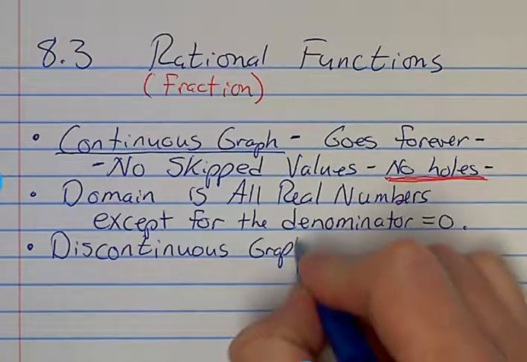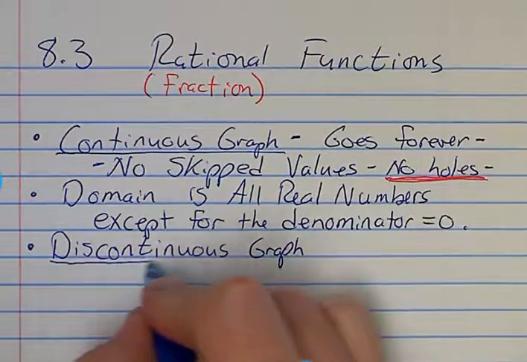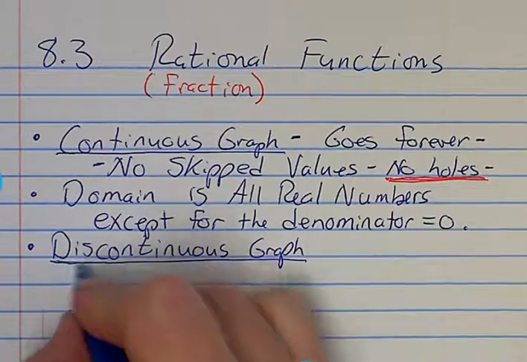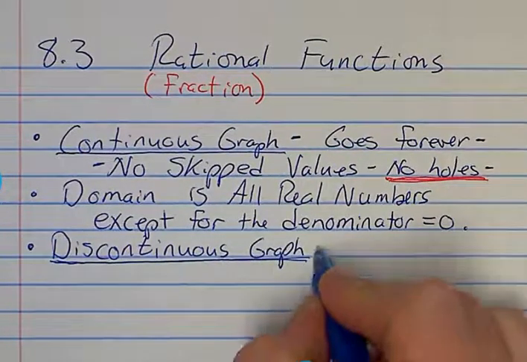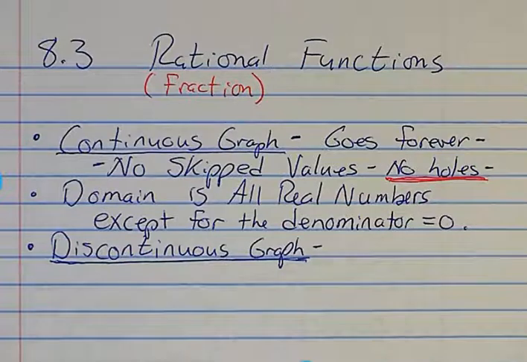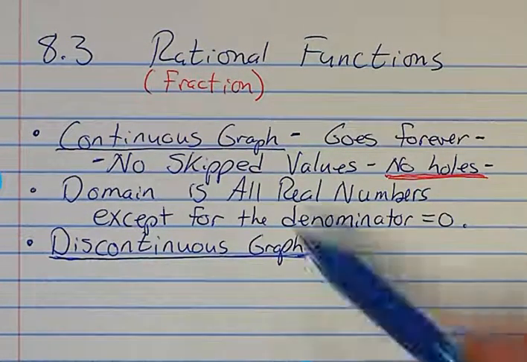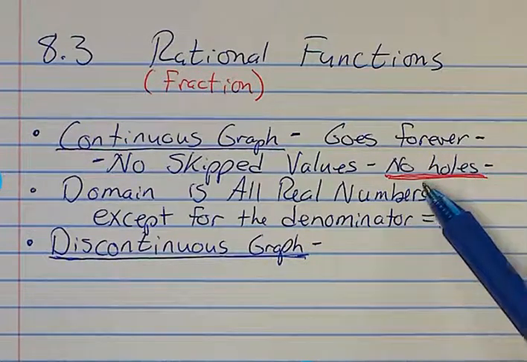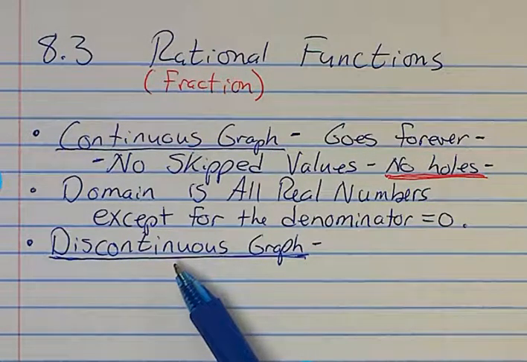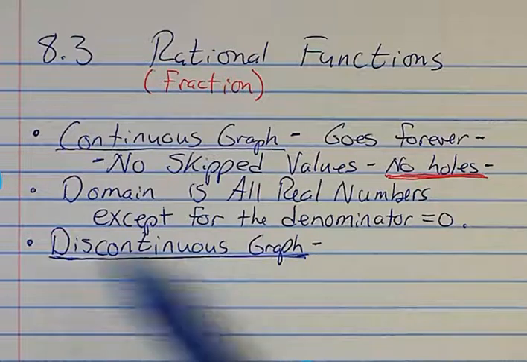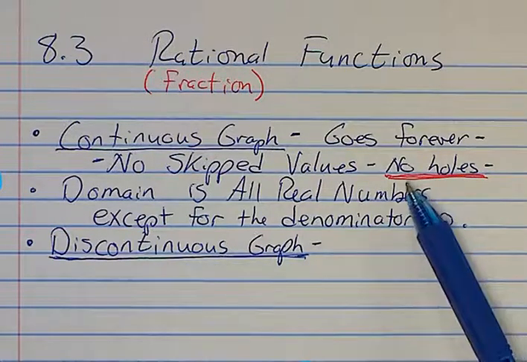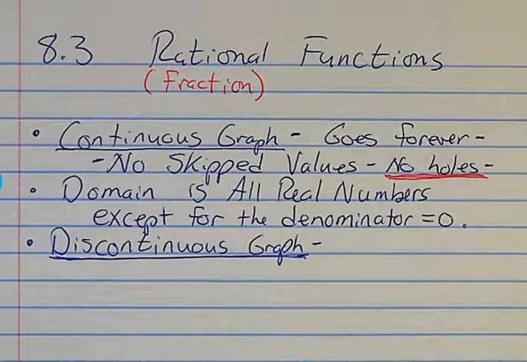Alright, second definition, second new thing here, is a discontinuous graph. Well, if continuous meant we go forever and there's no holes, if it's discontinuous, this means not, right? It's not continuous, which means it's going to have holes in it.